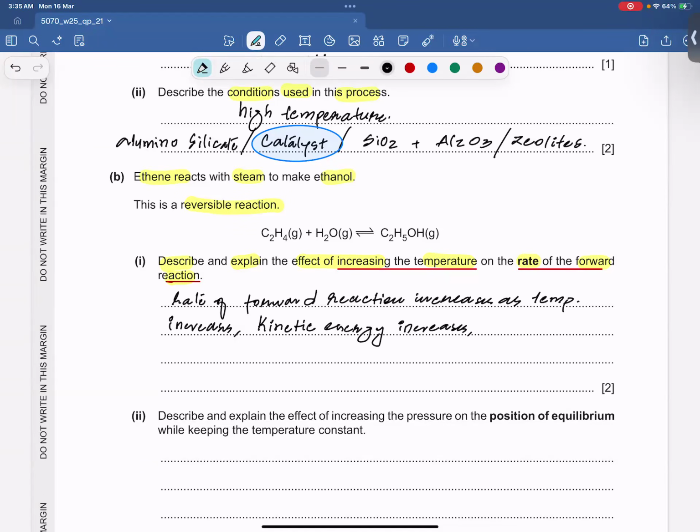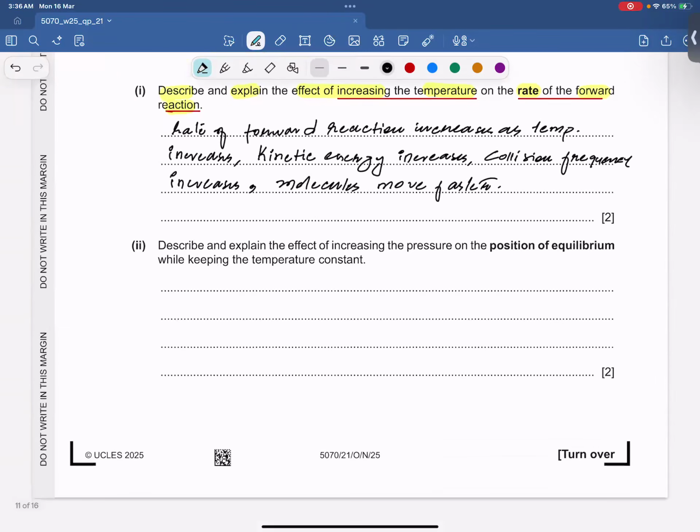If kinetic energy increases, collision frequency increases. If collision frequency increases, rate of reaction increases. Molecules move faster.